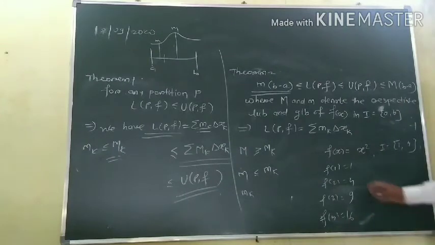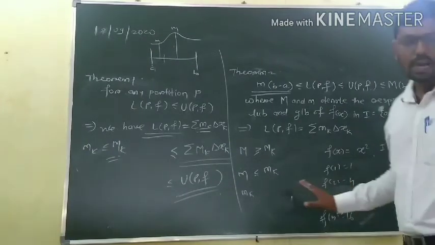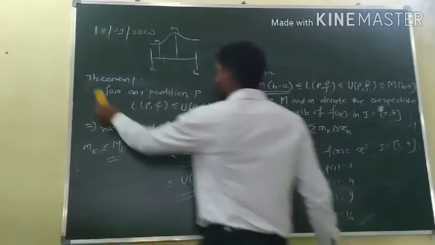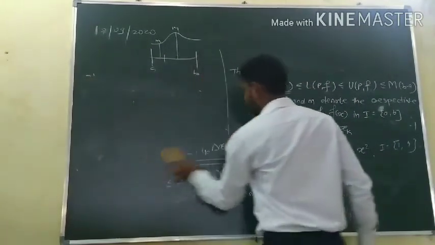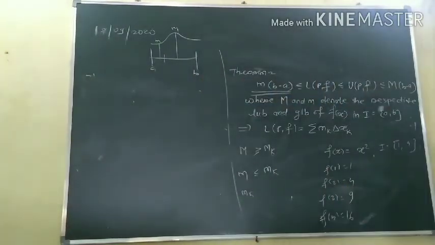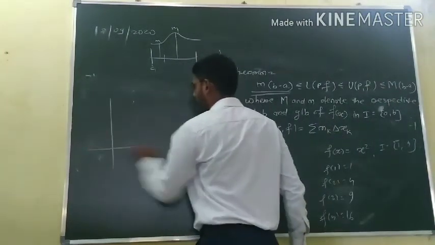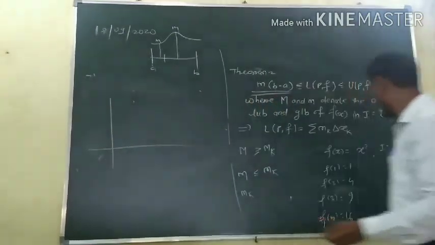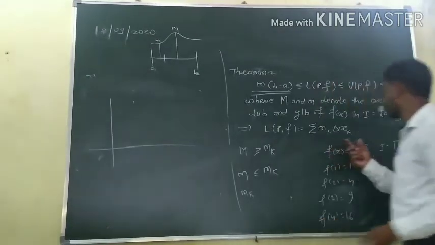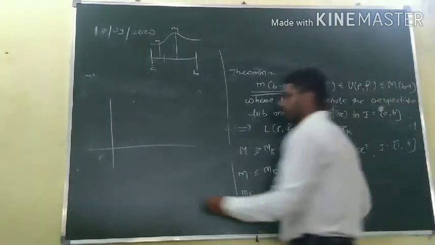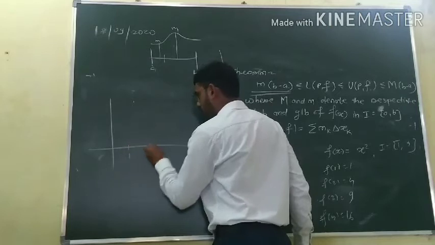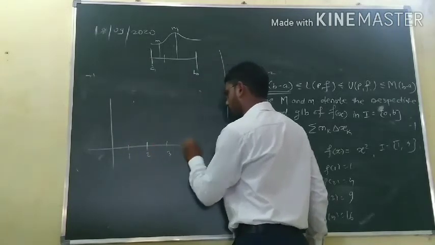So we plot the graph of the function. We'll just plot the points. Our interval is from 1 to 4, so we mark 0, 1, 2, 3, 4.